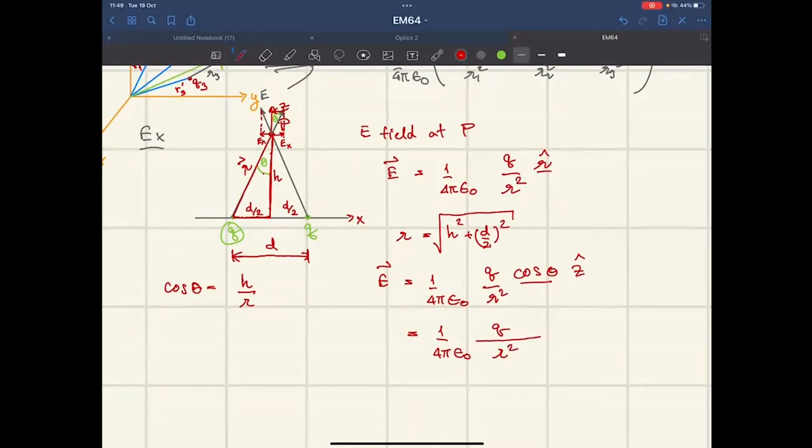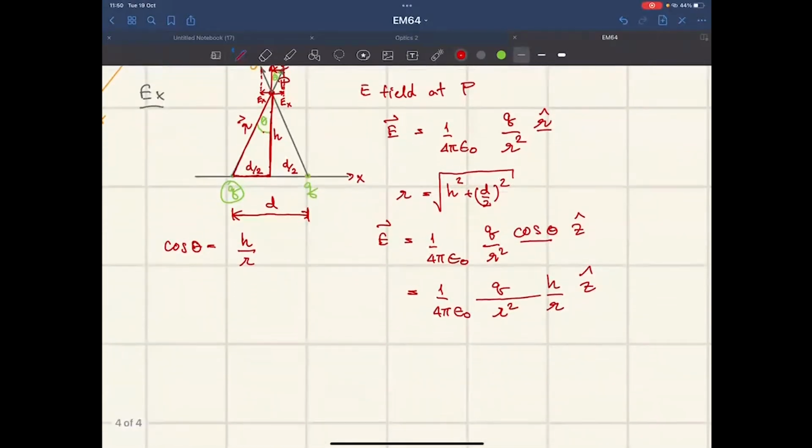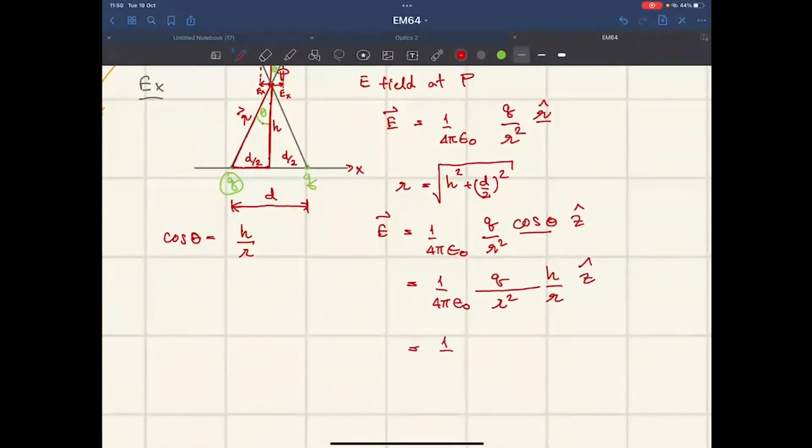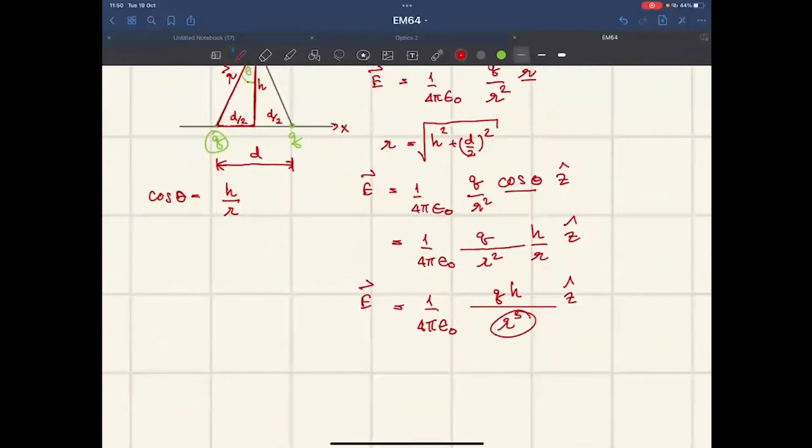And it becomes H over R, right? And what do we have here? We have 1 over 4 pi epsilon naught, QH divided by R to the third here. What is R to the third here?